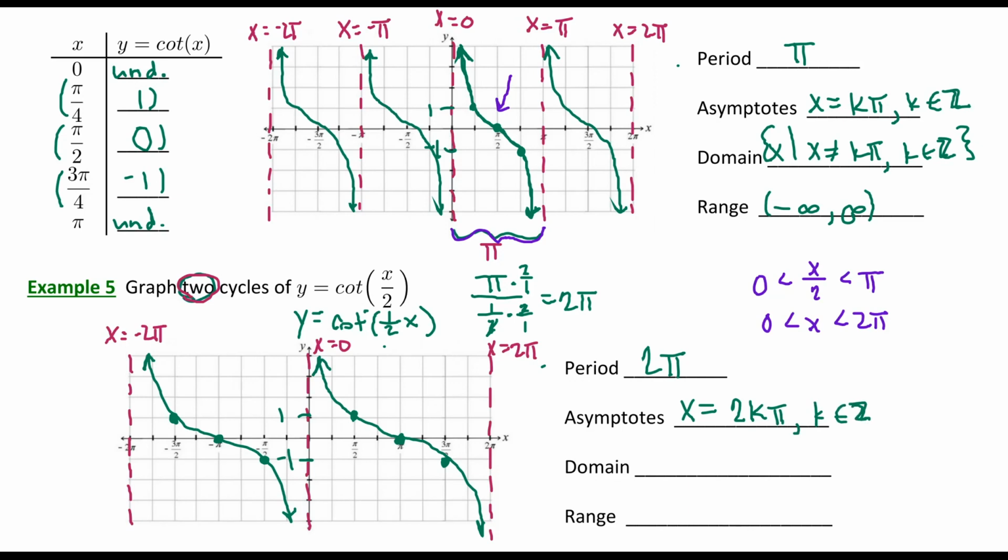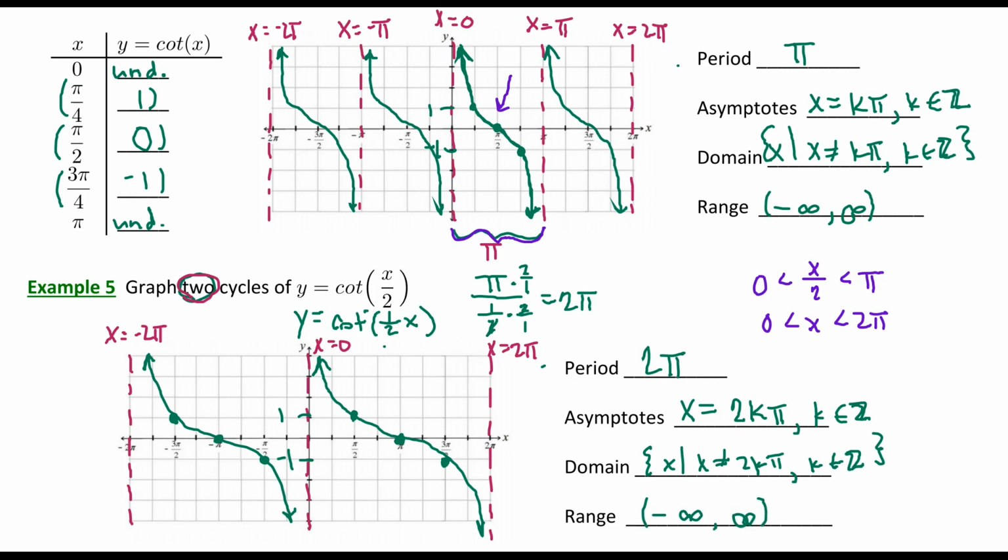Whatever value we choose for k, 2k pi will generate the location of an asymptote. And as we've learned, the domain is everywhere except where these asymptotes occur, so we're going to exclude those asymptotes from the domain of cotangent. And as usual, the range of cotangent is from -infinity to infinity.